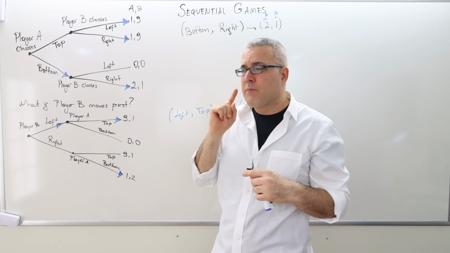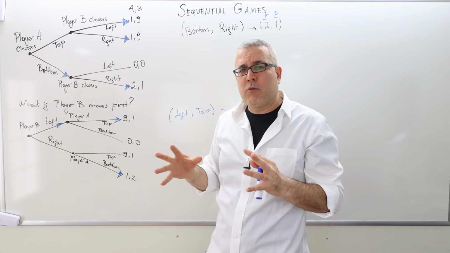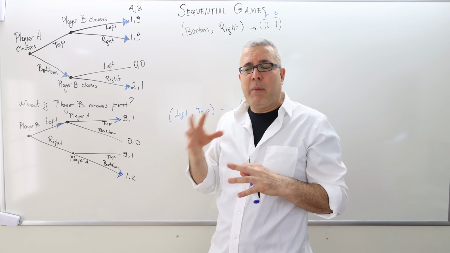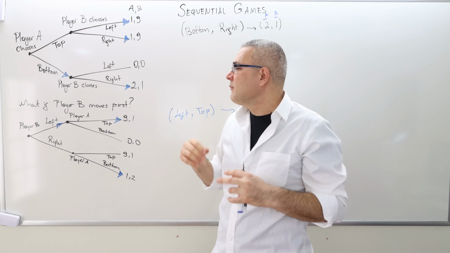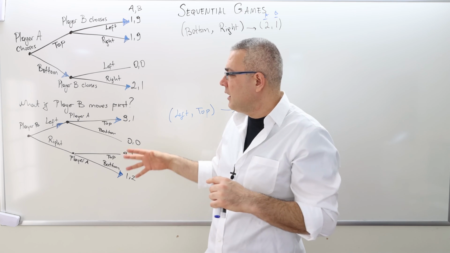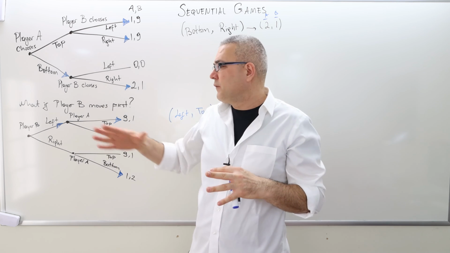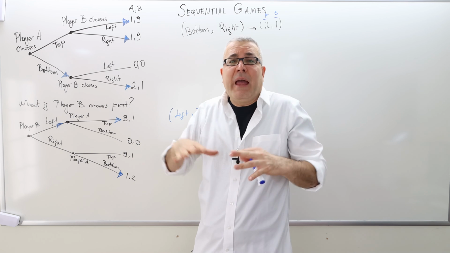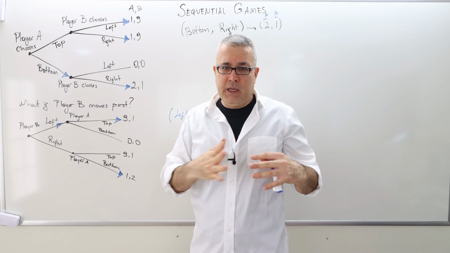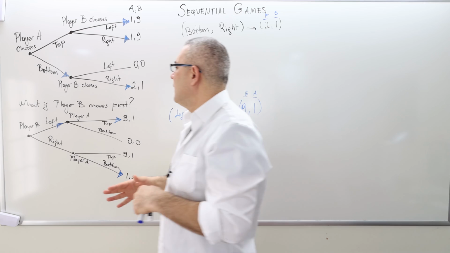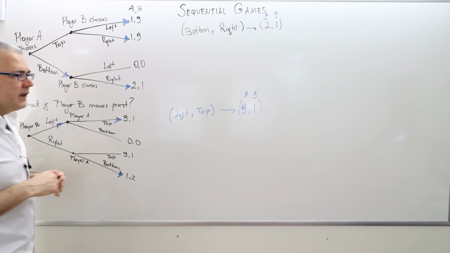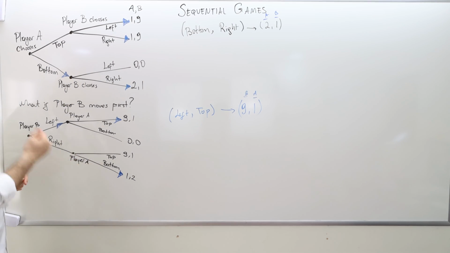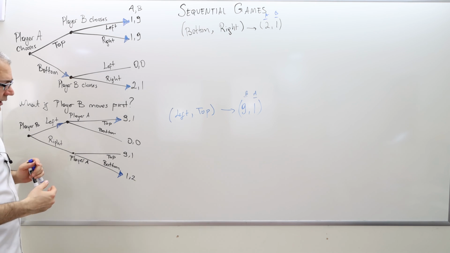Once again, moving first gives more control over payoffs, and so usually the first mover benefits more from being the first mover in comparison to moving second. So as I said, this is what we call the game tree.